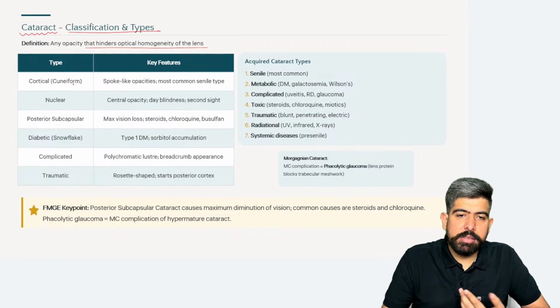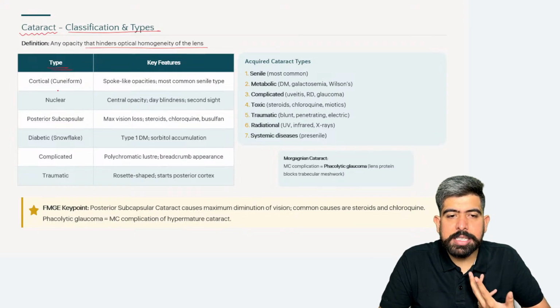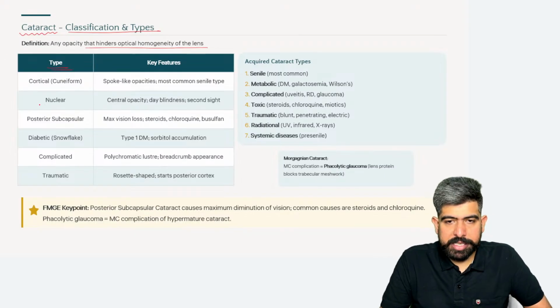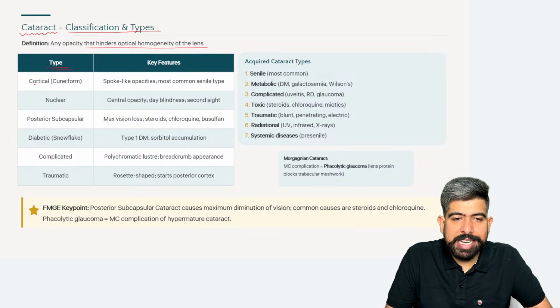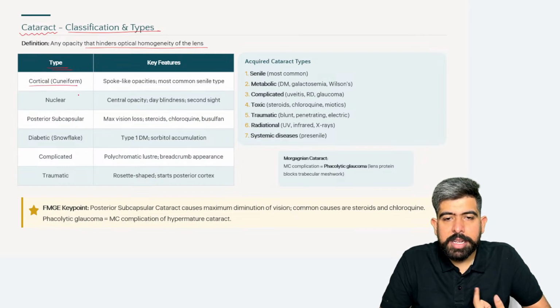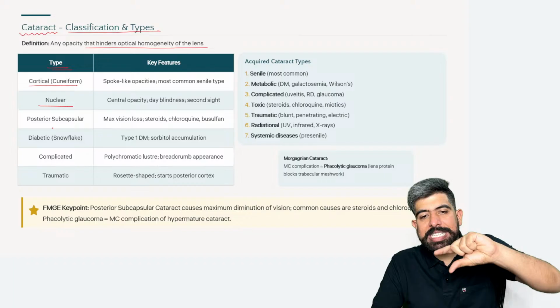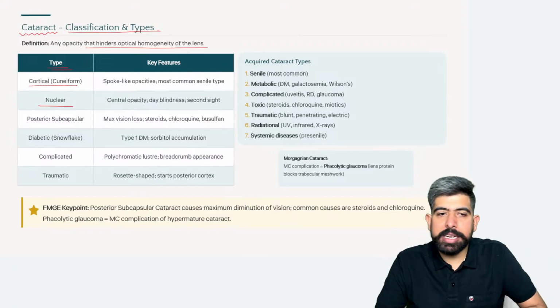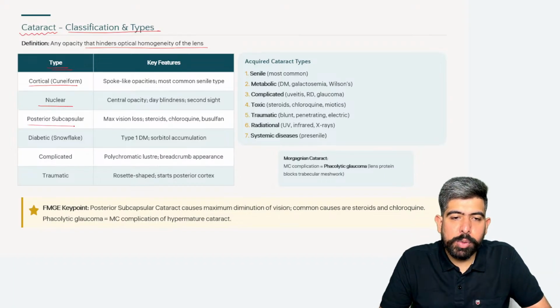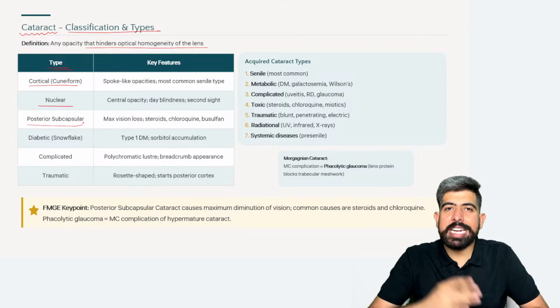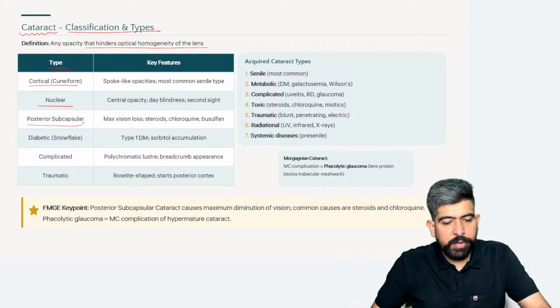There are many types of cataract based on anatomical location. The cortical cataract is cuneiform, with the cortex part involved. Then we have the nuclear cataract, which has central opacity, with the nucleus getting the opacities. The posterior subcapsular cataract is on the posterior side, where we don't have any epithelium, and that gets the opacity.